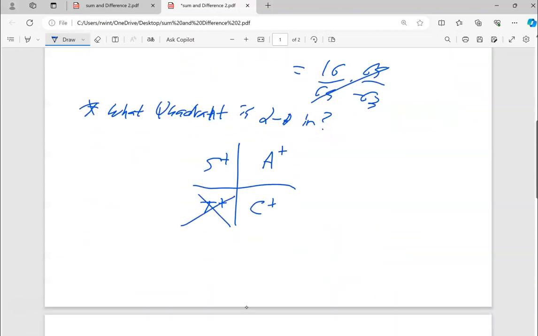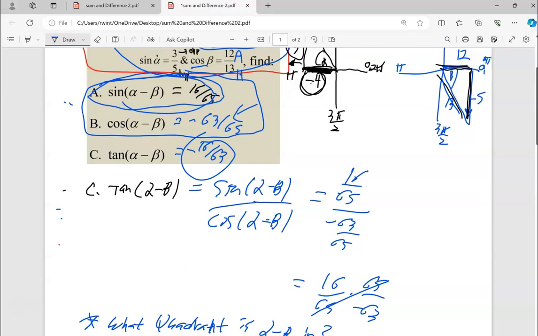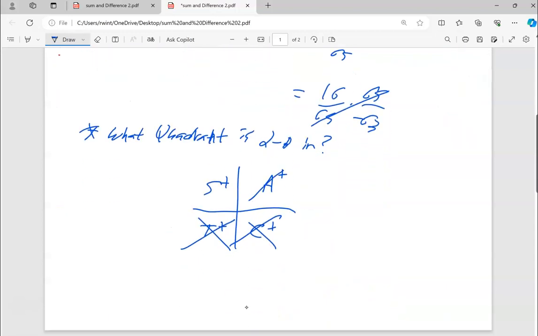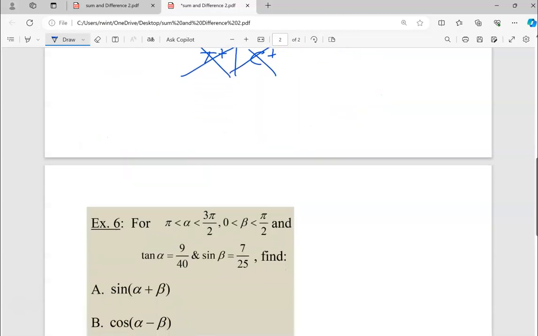Well, sine's not positive there or there, so 3 and 4 are out. But my other functions are negative, which takes out 1 because everything's positive. So it would be in quadrant 2. I didn't ask it on the lesson, but certainly a cool thing to do. Just organizing where it's at based on the signs of sine, cosine, and tangent.